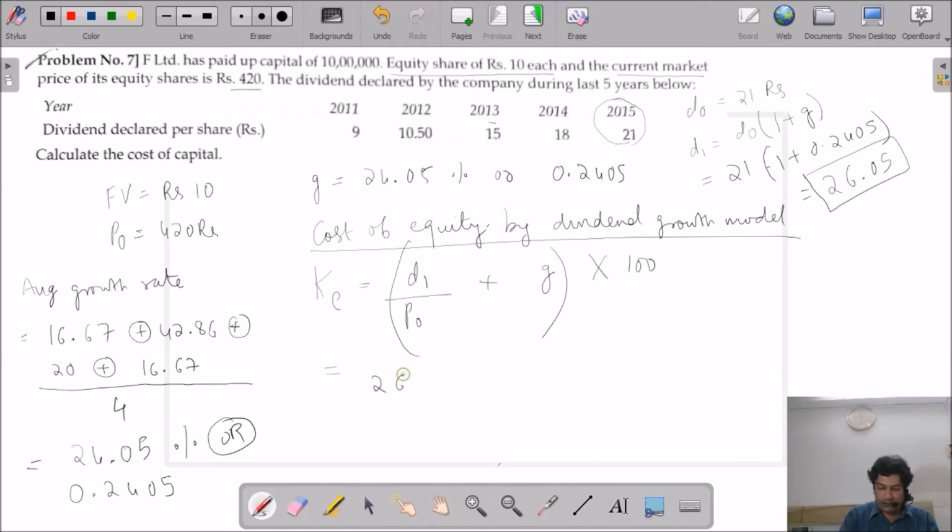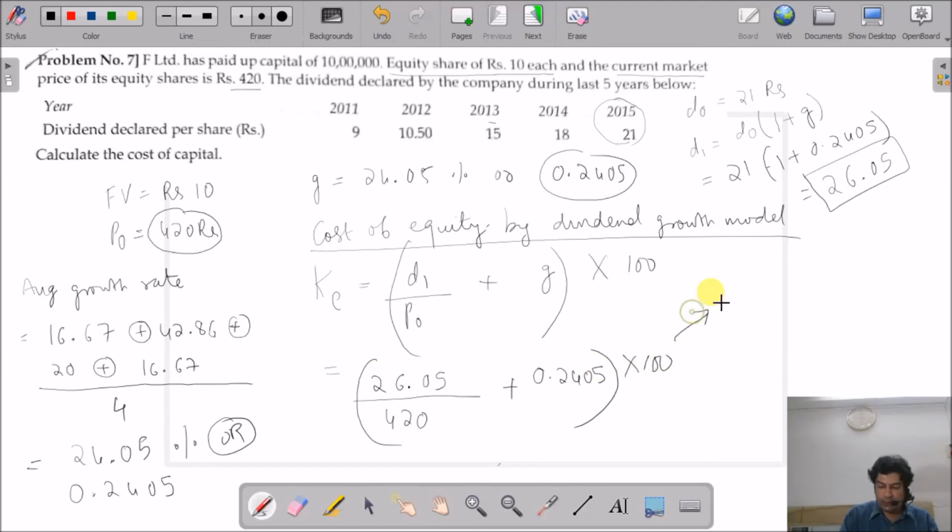So 26.05 is my D1. P0 they have given, it is 420. So 420 I will be writing here. Okay, and the growth rate is 0.2405, and this we are going to multiply by 100.